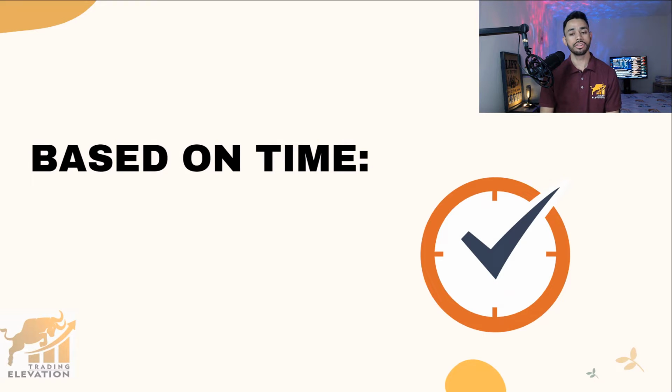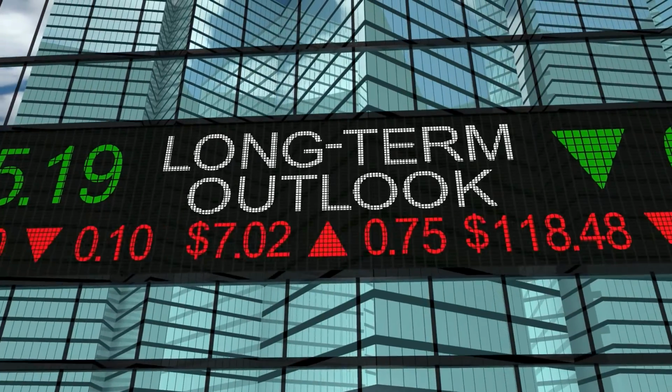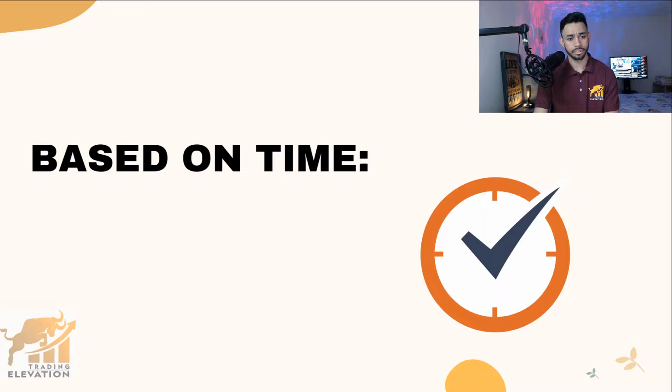Okay, so first, based on time, how many trends are there in the market? There are long-term trends, mid-term trends, and short-term trends. For long-term trends, we can call them secular trends. For mid-term, we can call them primary trends.